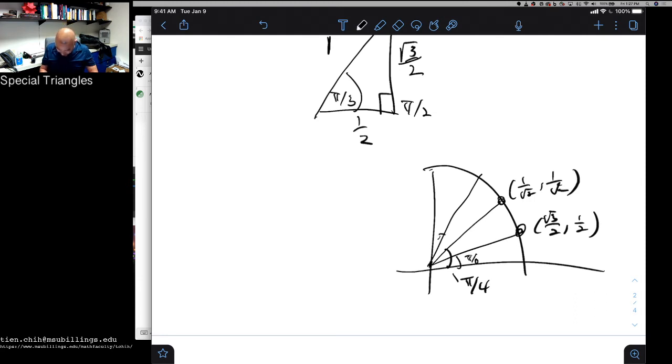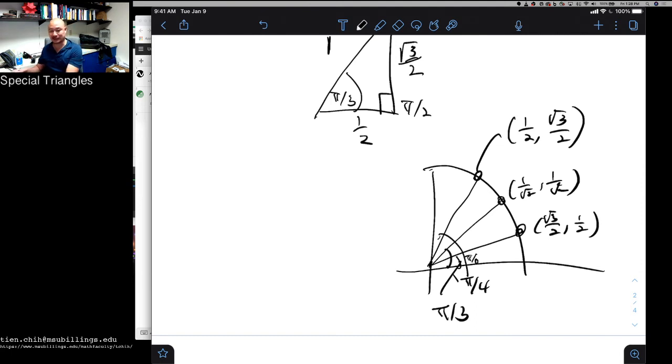And if I move all the way up to pi over 3, then it's the same thing as the pi over 6 case, but I swap now my x and y coordinates, right? Because I've kind of flipped the angle or the triangle that way.